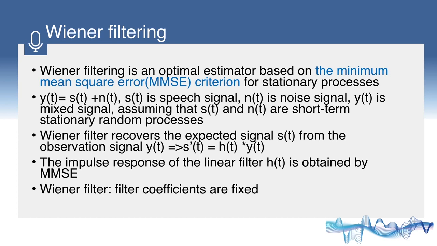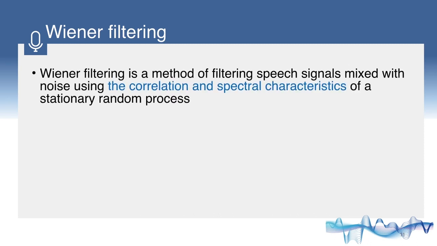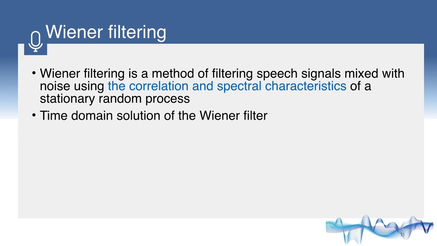Generally, the filter coefficients of a Wiener filter are fixed for each frame, while ANC filter coefficients are updated. Wiener filtering is a method of filtering speech signals mixed with noise, using the correlation and spectral characteristics of a stationary random process. It has different solution methods.